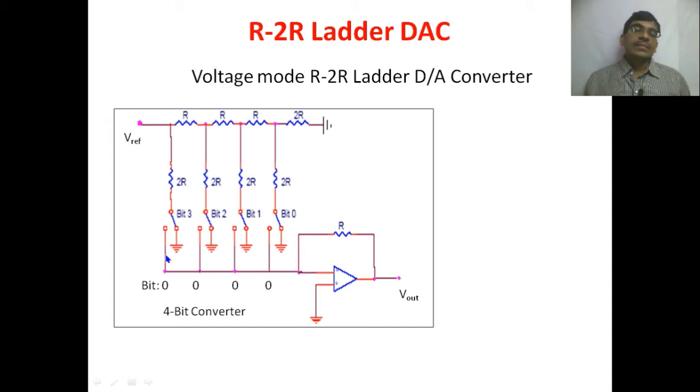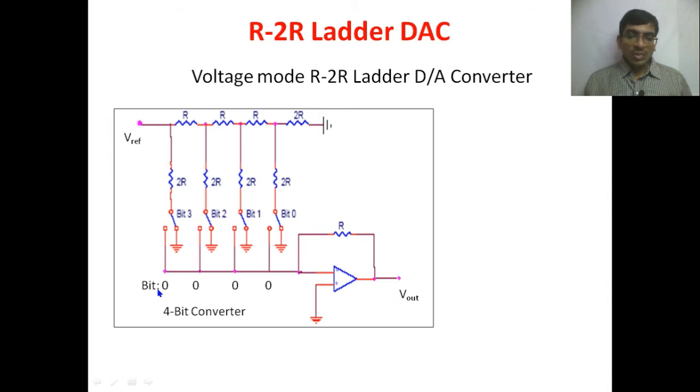If the binary bit is equal to 1, the switch will be connected to the inverting terminal of our op amp, otherwise it will connect to the ground terminal. Based on the bit, if it is 1, it will connect to the op amp inverting terminal line, otherwise to the ground terminal.